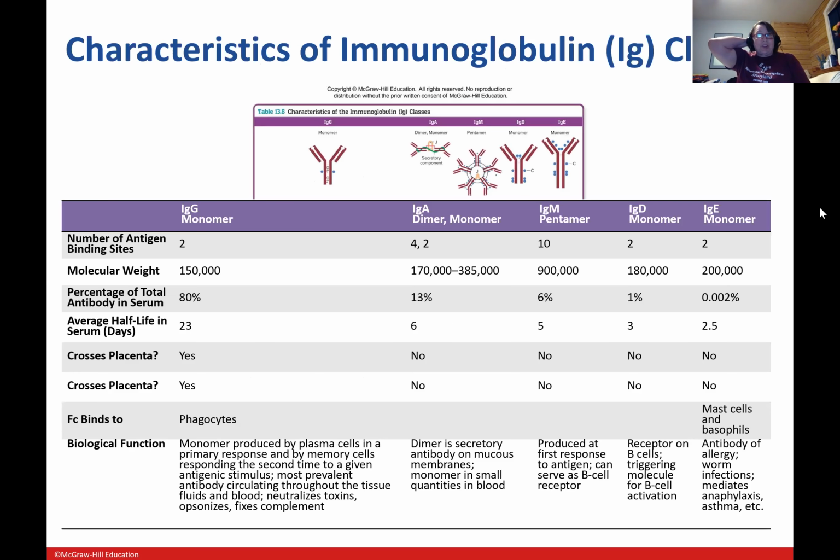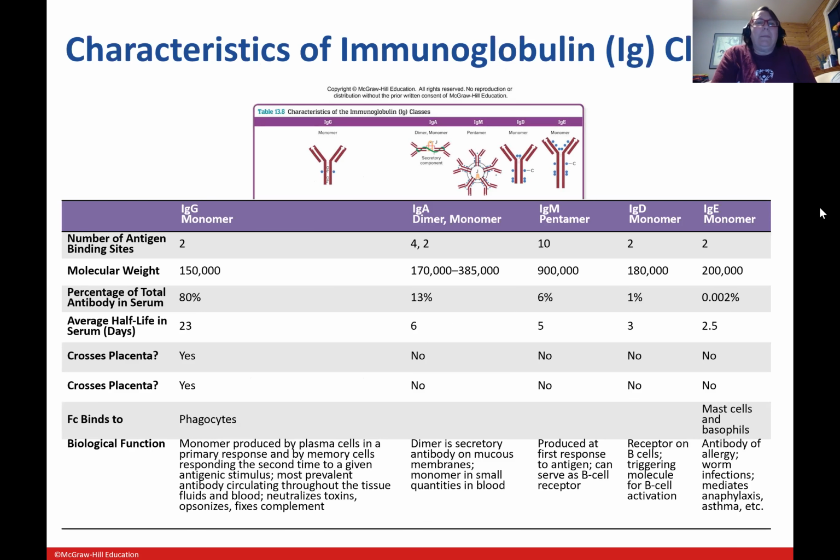Okay, so as I mentioned, there are 5 different classes of immunoglobulins, and we're going to talk about them basically in order from left to right, from the most common to the least common in the blood. The most common is IgG. It is a monomer, which means it goes around by itself, floating around in that little Y shape.